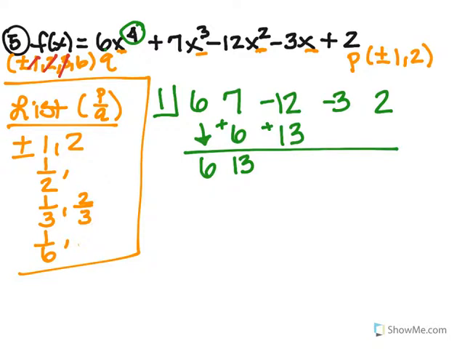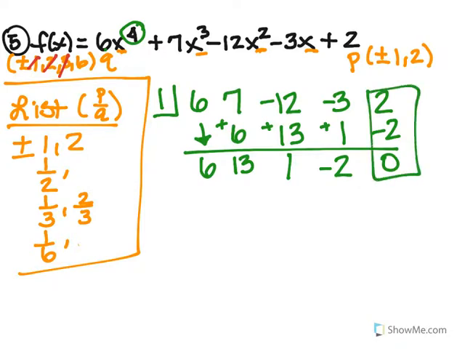Negative 12 plus 13 is 1. 1 times 1 is 1. Negative 3 plus 1 is negative 2. Times 1 is negative 2, which is 0. So it's zeroed out. So that lets us know that 1 is an answer.